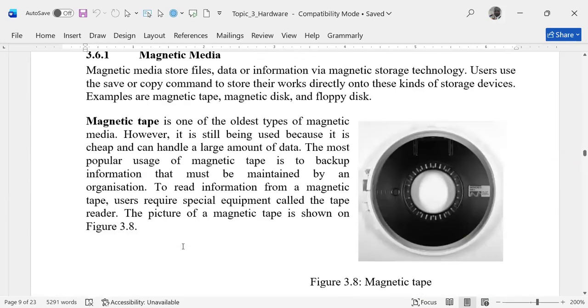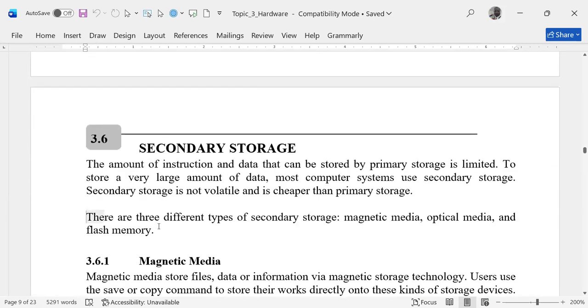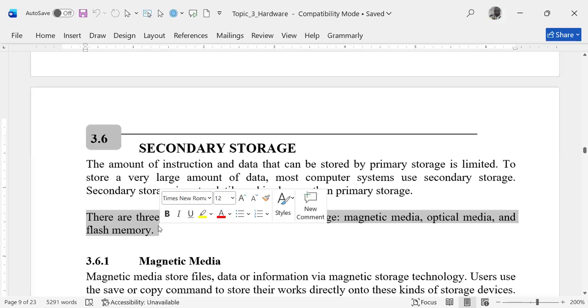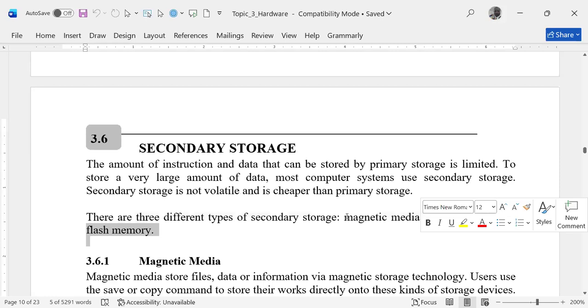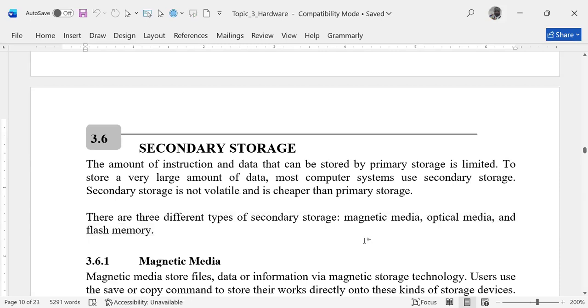As of now, I have identified 3 types of secondary storage: magnetic media, optical, and flash memory.